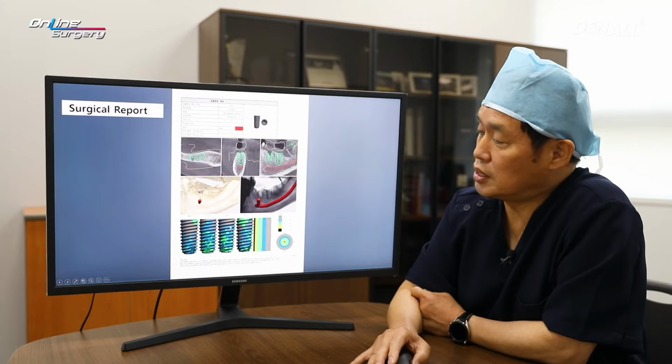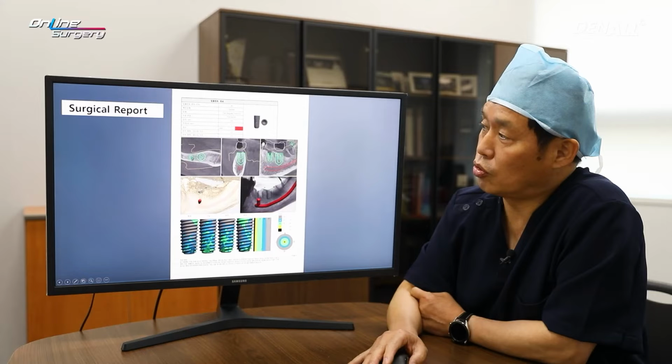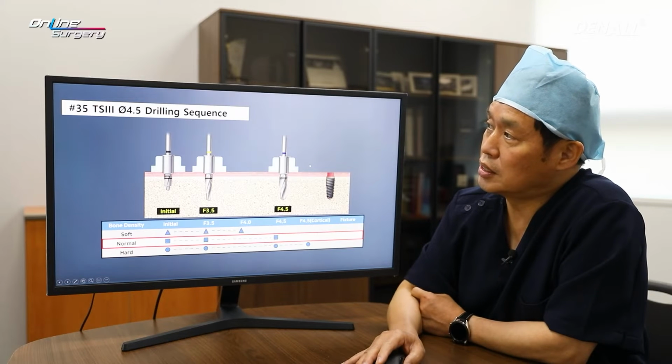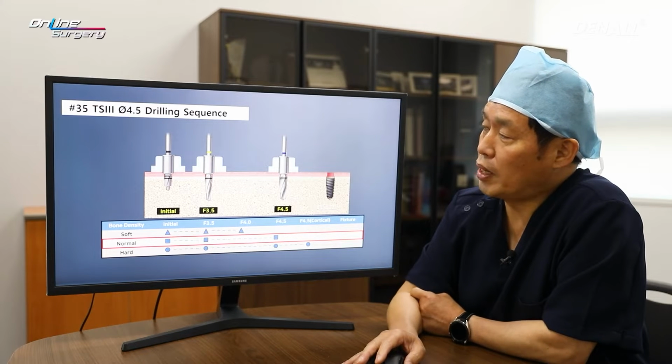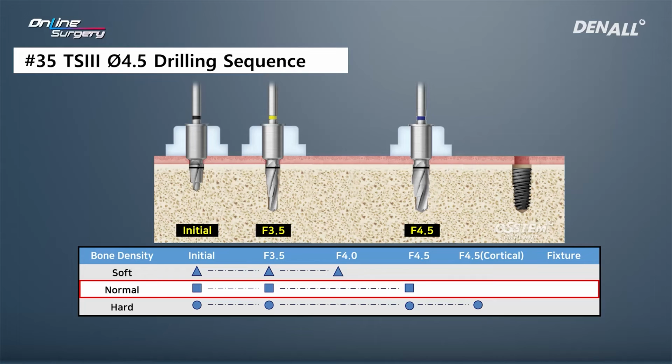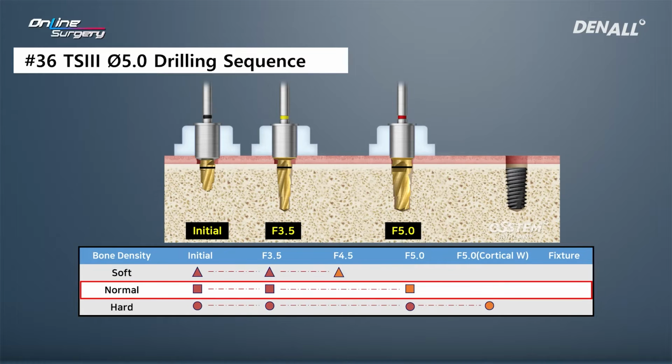The alveolar bone, the bone density itself is approximately D2. In the case of 35, TS3 4.5 by 8.5 was planned. For drilling, after initial drilling, diameter 3.5 and 4.5 were planned for implant placement. In the case of 36, diameter 5.0, as mentioned before on OneGuide, actually 10 millimeter is possible, but considering the patient's level of mouth opening, I decided on 8.5.